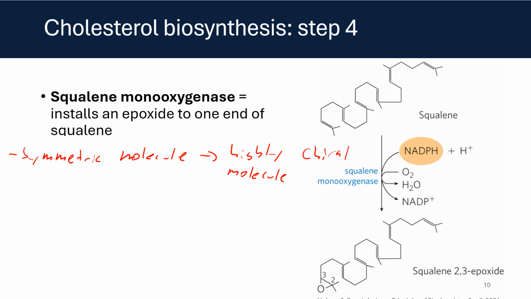The enzyme squalene monooxygenase is going to perform a regiospecific epoxidation upon one of the distal alkenes.